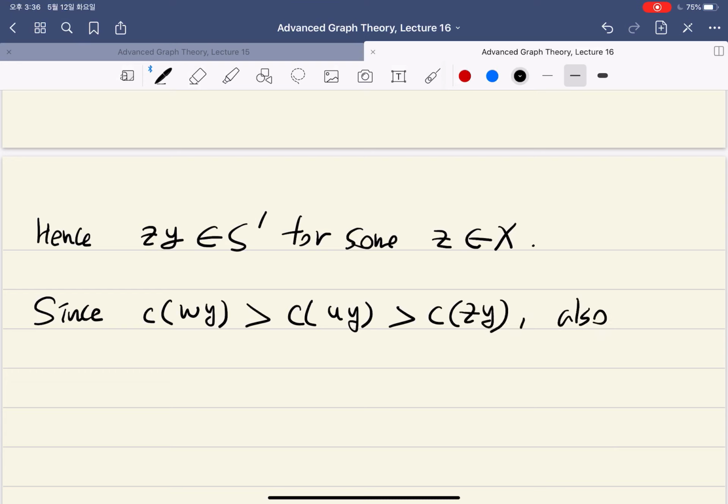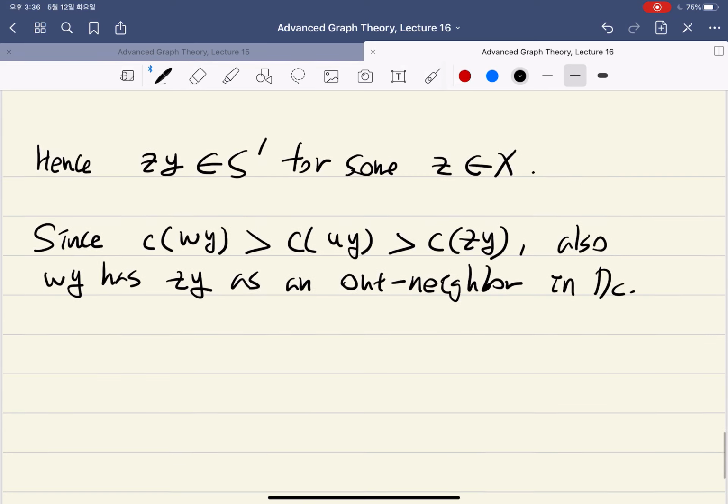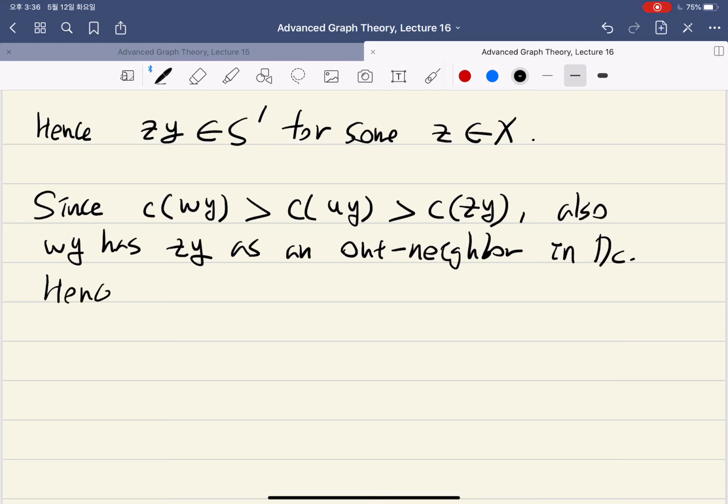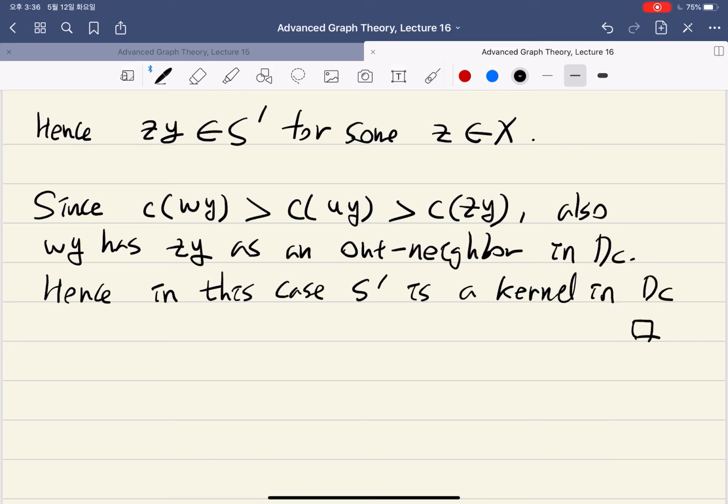So also wy has this gy as an out neighbor in DC. Hence, in this case, S prime is a kernel in DC. So in any case, we found a kernel.